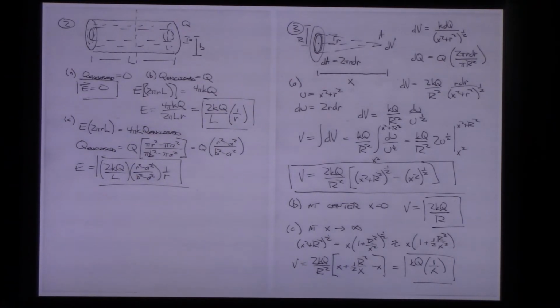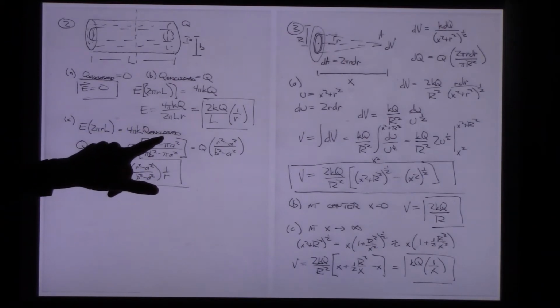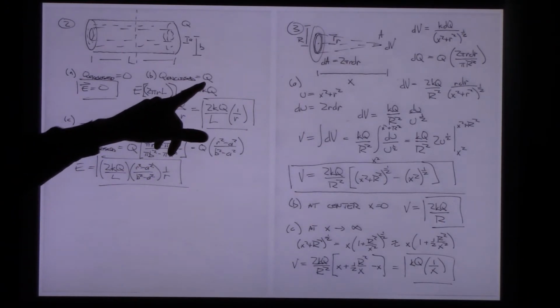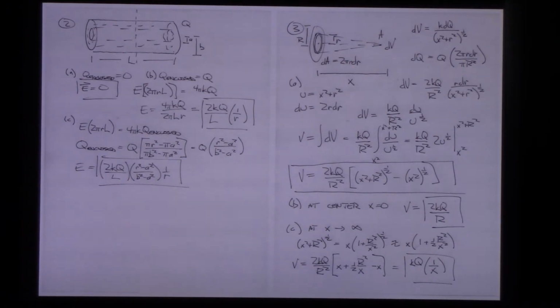Okay, here's the hard one. So in the region in between, I can still use cylindrical geometry. So the left side of the equation looks just like the left side did over here. But now I've got to calculate Q enclosed, and it's not going to be easy. Q enclosed is not going to be the total Q, depending on where we draw the Gaussian surface.